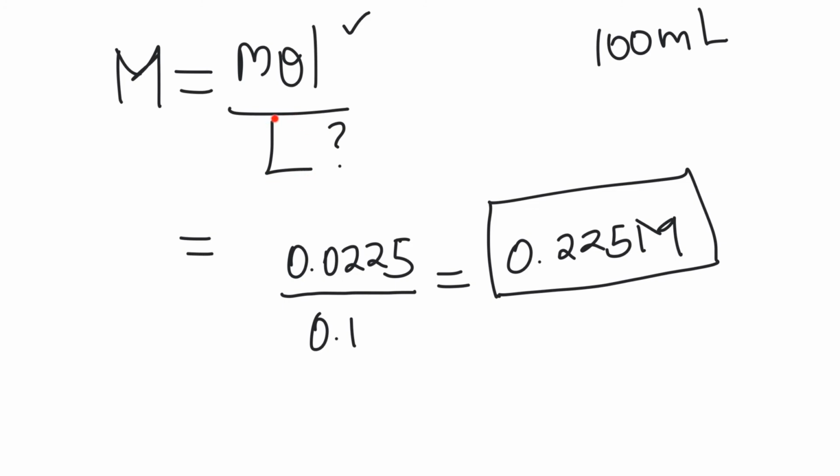If the value of this denominator goes up, then the value of molarity goes down, which further contributed in your final resulting molarity being a lot less compared to your original molarity. Alright, so these are the two problems.